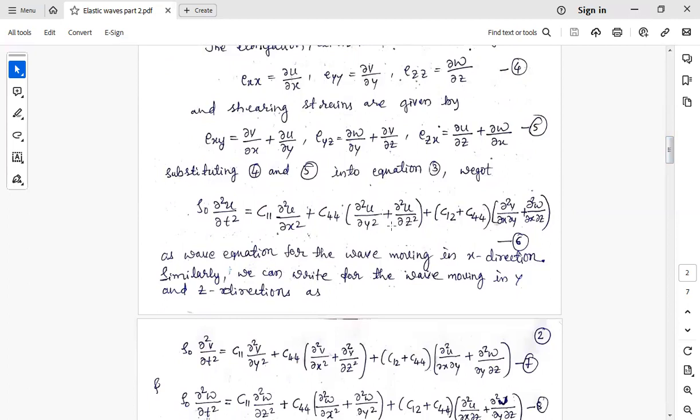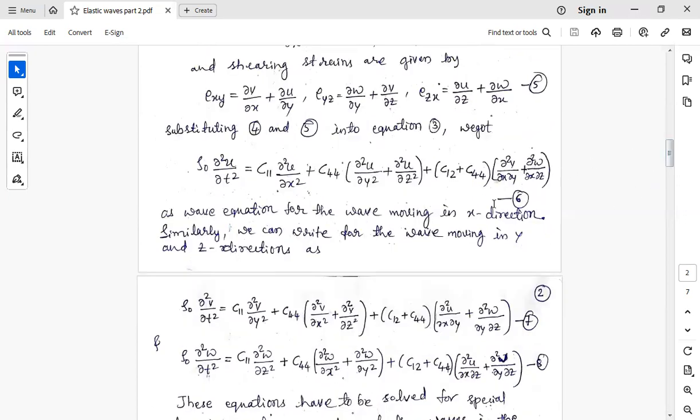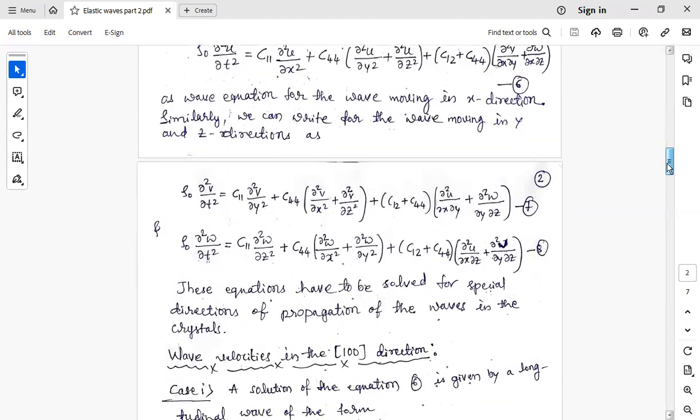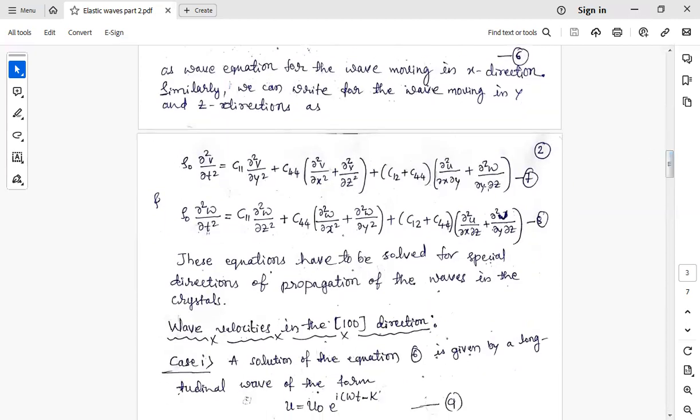We call this the wave equation in the x direction. So equation 6 represents the equation for an elastic wave propagating in the x direction, that is, in the 1, 0, 0 direction. Similarly, we can write a similar type of equation for the y direction and the z direction.